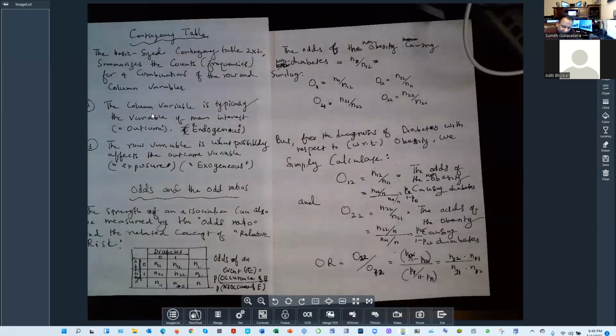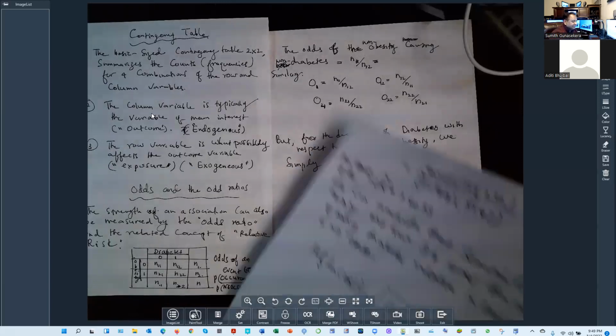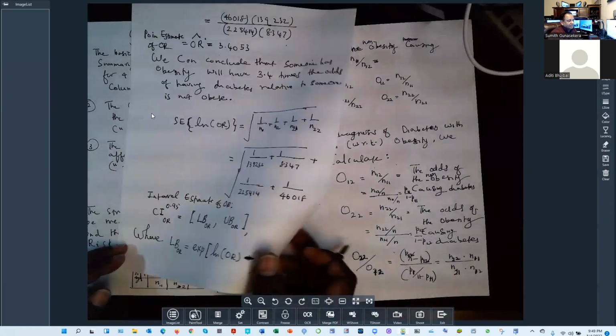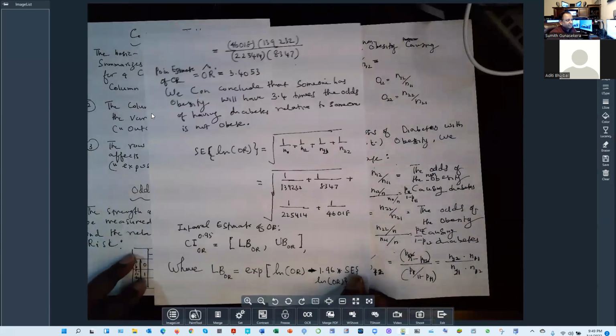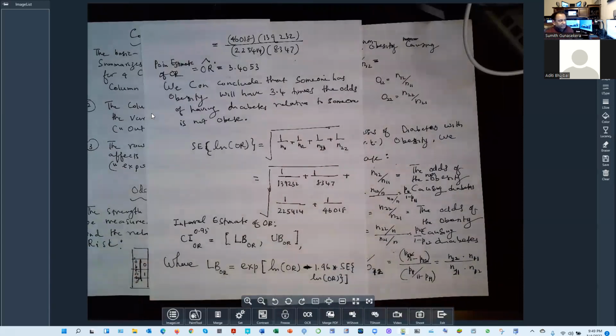The other one is the interval estimate of OR. That's the second category. The first one is the point estimate, OR hat. The second one is the interval. How do you get the interval? You have a lower bound and an upper bound.